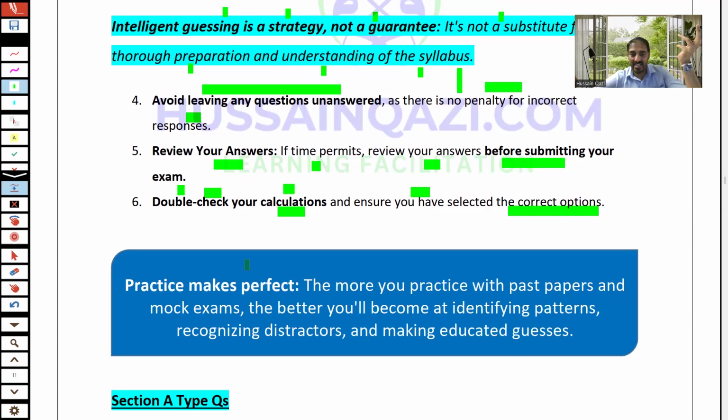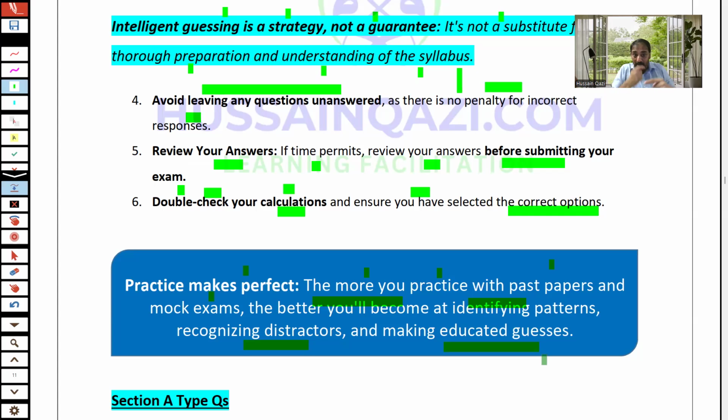Finally, practice makes perfect. The more you practice with past papers and mock exams, the better you become at identifying patterns, recognizing distractors, and making educated guesses.